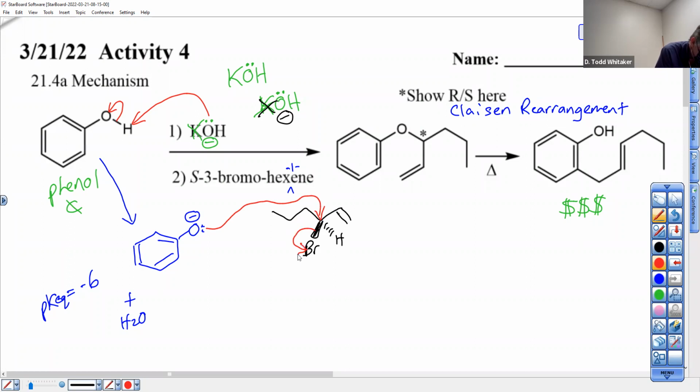Setting up a Claisen is easy, peasy. Step 2. And backside attack on an S stereocenter gives what stereocenter? R. So is that H on a wedge or a dash here? It's got to be a wedge.